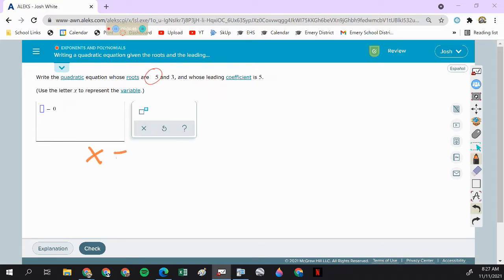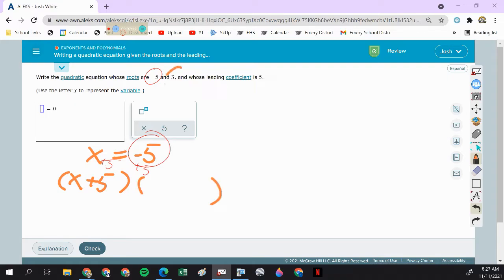So if x equals -5, what factor created that root? What would the factor look like? X plus 5. And all we're doing is getting a 0 over here. So we add 5 to both sides. And I get x plus 5 equals 0.